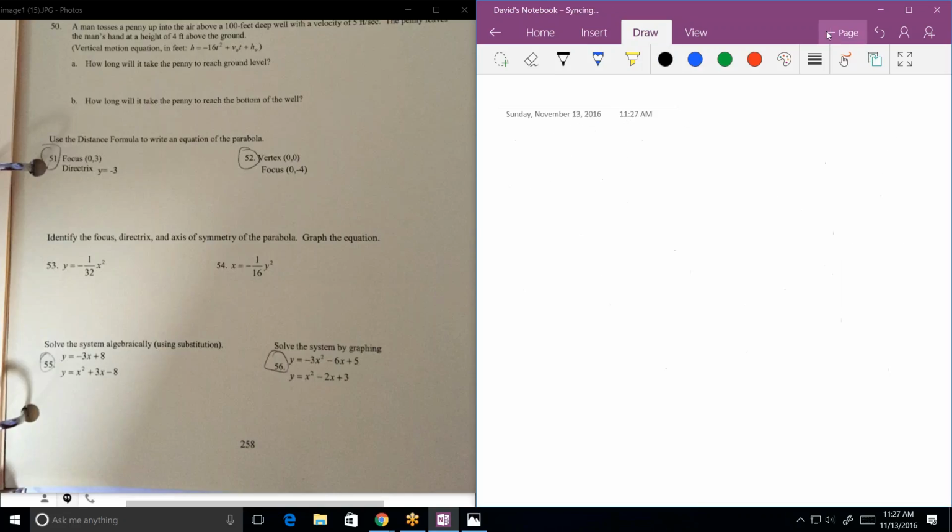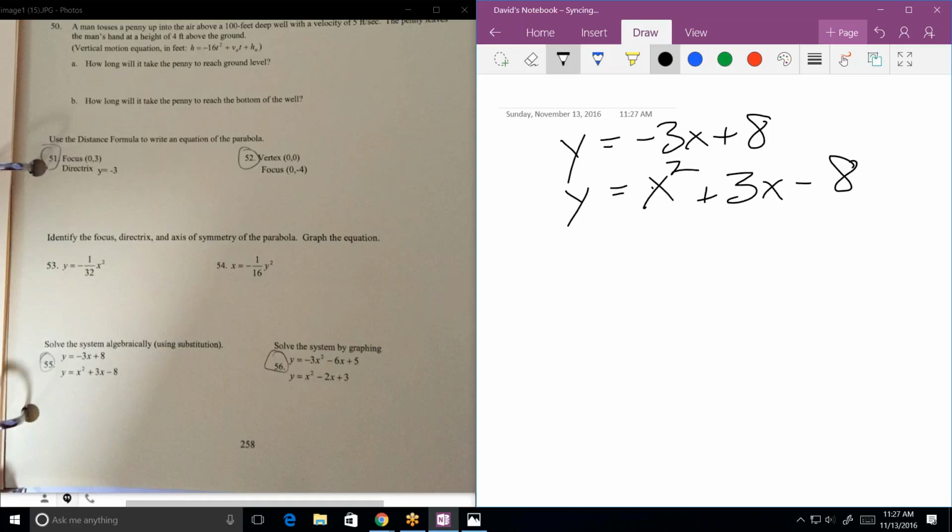Okay. All right, let's go down to 55. Solve the system algebraically using substitution. Now, when they call it a system, that means all of the variables, all x's are the same and all y's are the same.